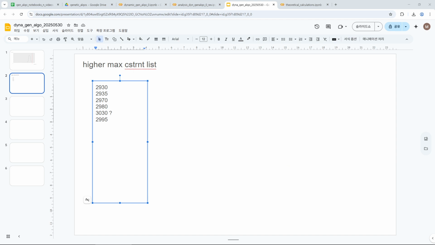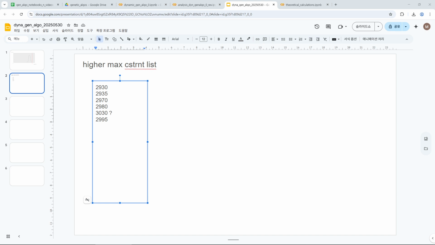Next thing I did is, now the population is up to 4,000. See, I'm now throwing more entities at the problem because I feel that I'm not getting the true ceiling or true ceilings.